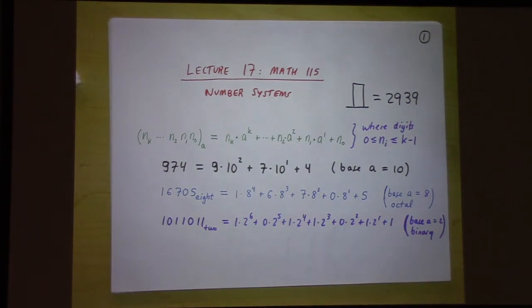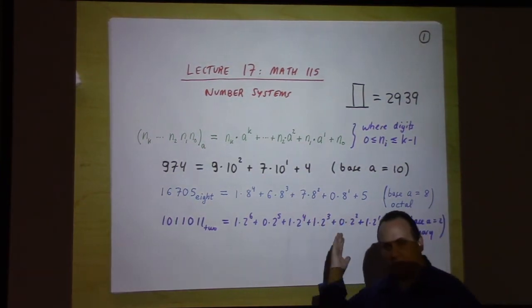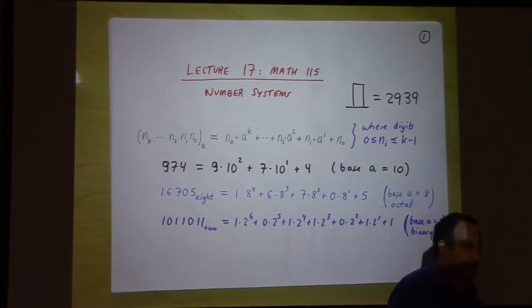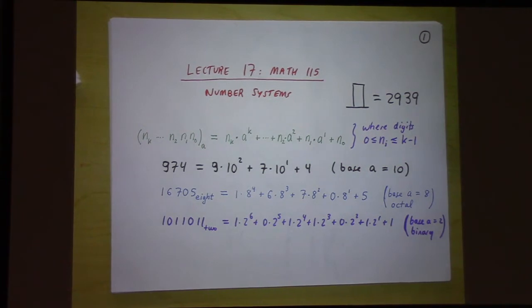And of course, we can get out our calculator and find the values of each one of these numbers in base 10. Like, 974 base 10 is 974, right? That's done. What is the 16705 base 8? Did anybody calculate it for me? It's going to make me do all the work. All right, fine.